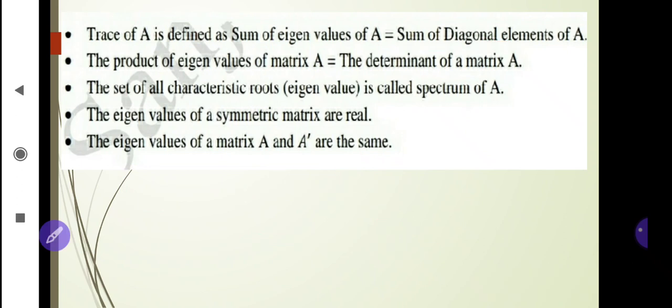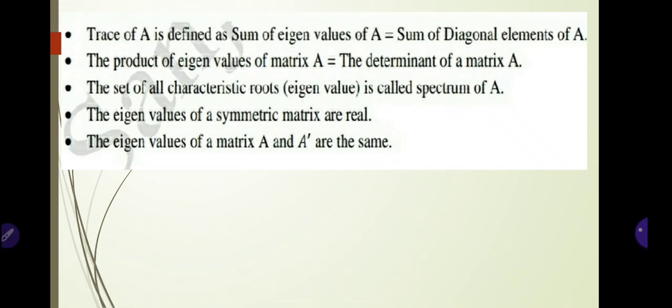The set of all characteristic roots is called the spectrum of A. That means when you find the eigenvalues, the characteristic roots, and write all these eigenvalues in a set, that set is called the spectrum of A. The eigenvalues of a symmetric matrix are real.